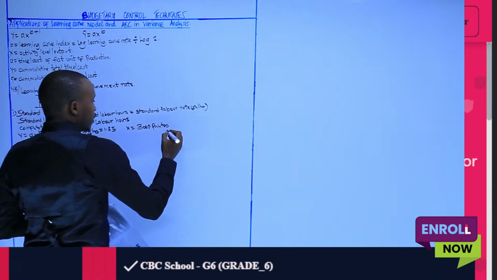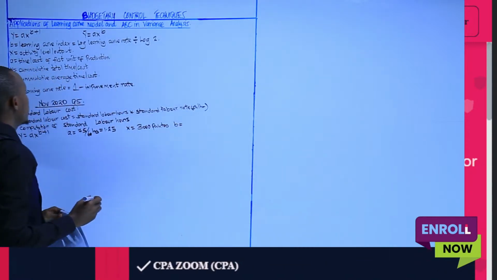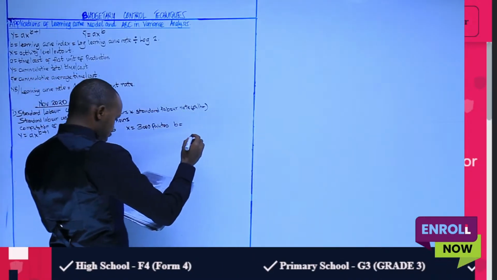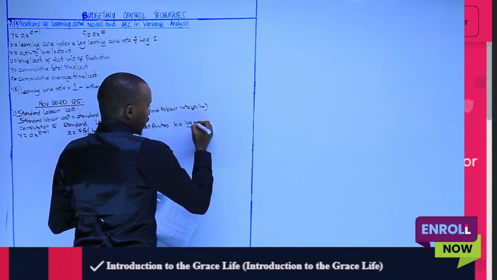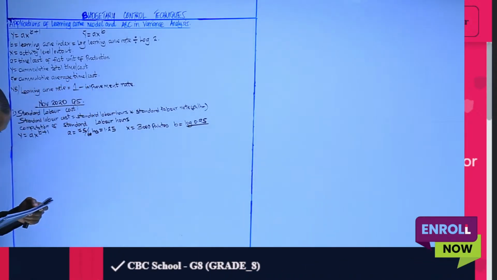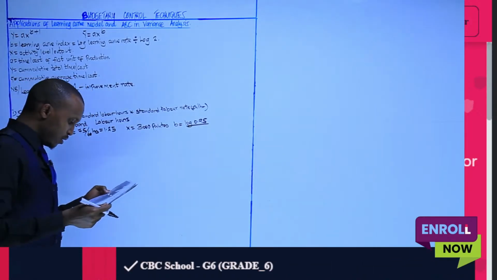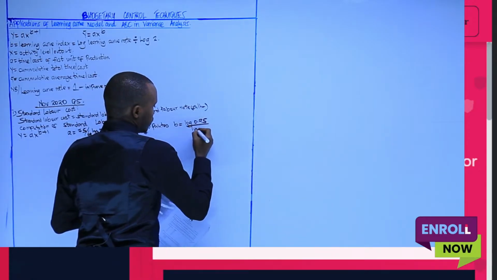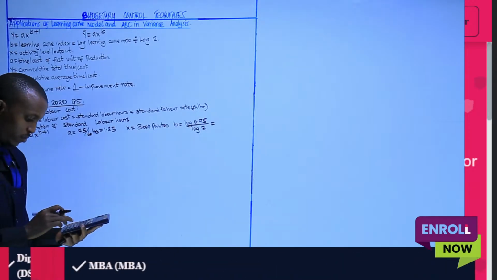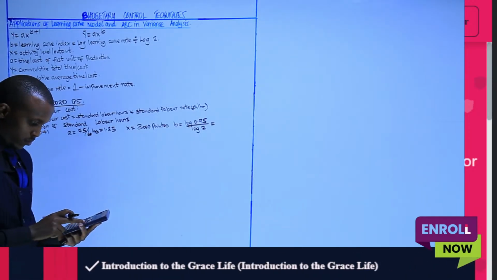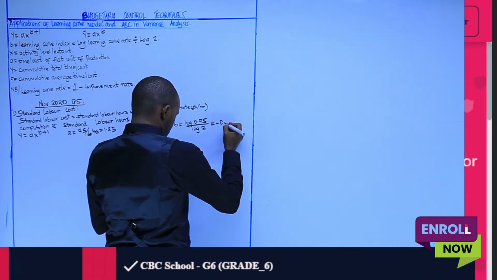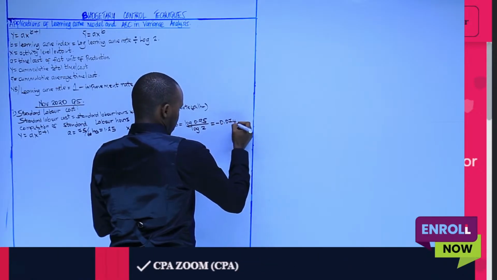Then b, we know, is your learning curve index, which will be the log of the learning curve rate, 0.95, divided by log 2, which is negative 0.074.